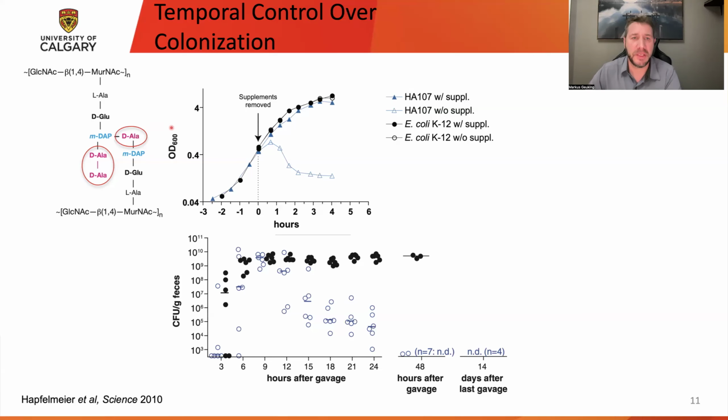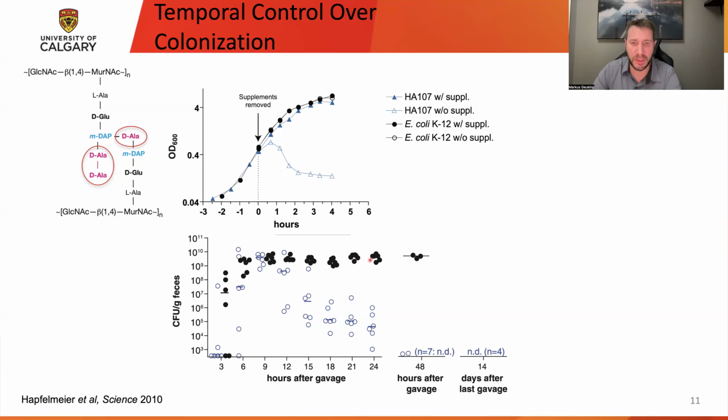So this means that we can grow wild-type bacteria or the mutant when we supplement with D-alanine, as you can see here in vitro. But as soon as we remove the D-alanine from the medium, the auxotrophic mutant disappears. And as you can see, this also works in vivo.